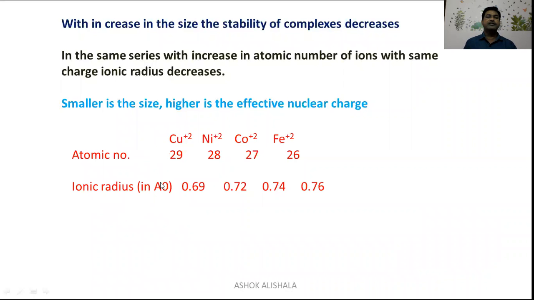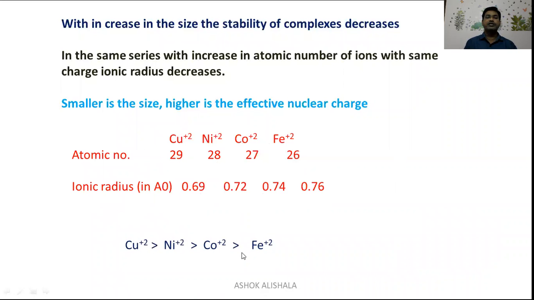The ionic radius in angstroms is 0.69, 0.72 and so on. With increasing atomic number from 26 to 29, the ionic radius decreases. Therefore, copper 2+ complexes are more stable than nickel and so on. This is why the third option is right.